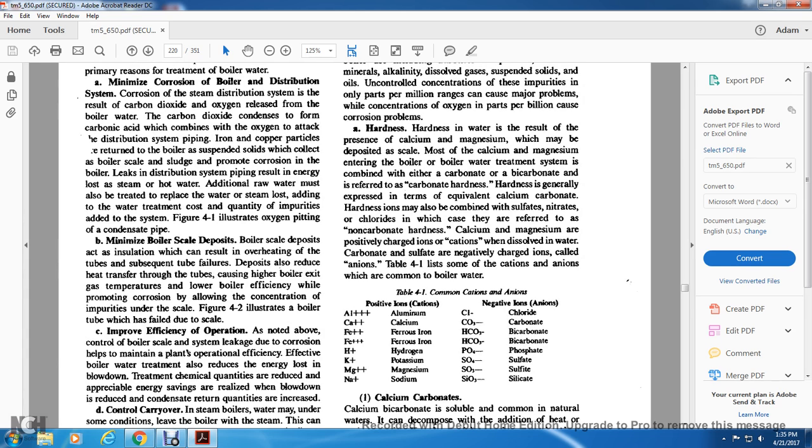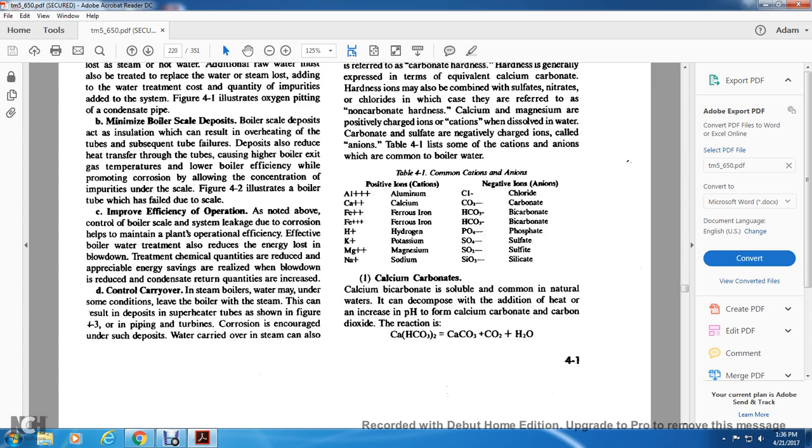Cations: aluminum Al+++, calcium Ca++, ferrous iron Fe++, hydrogen H+, potassium K+, magnesium Mg++, sodium Na+. Negative ions: chloride Cl-, carbonate CO3, bicarbonate HCO3, phosphate PO4, sulfate SO4, sulfite SO3, silicate SiO3.